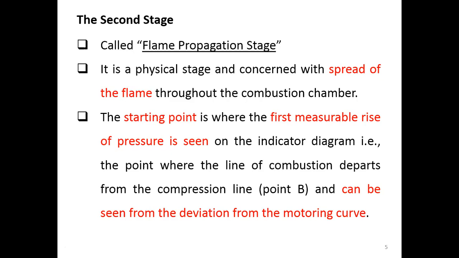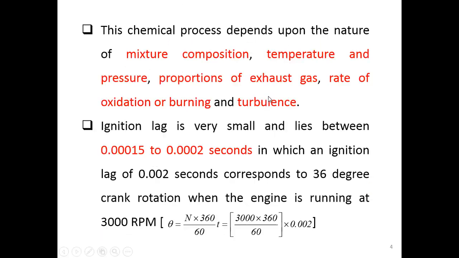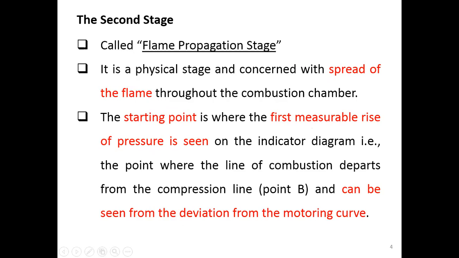All of these are called the indicator diagram. So this one is the indicator diagram here. That is the point where the line of combustion, as we mentioned, departs from the compression line and can be seen from the deviation from the motoring curve.